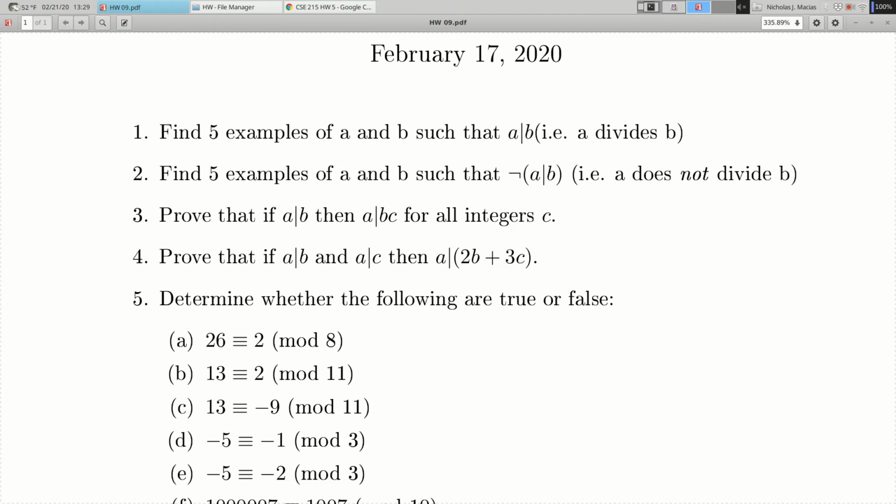So let's make a guess here. We have a remainder of negative 2.